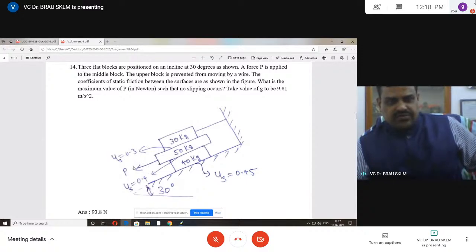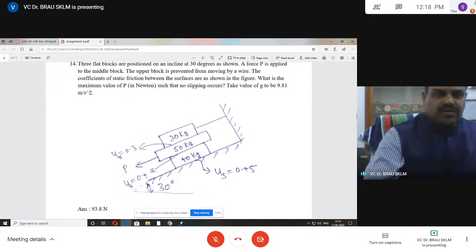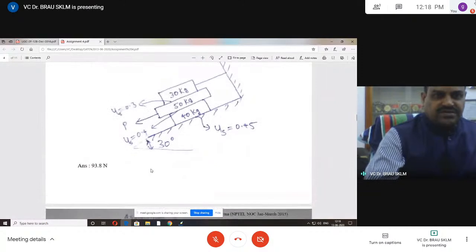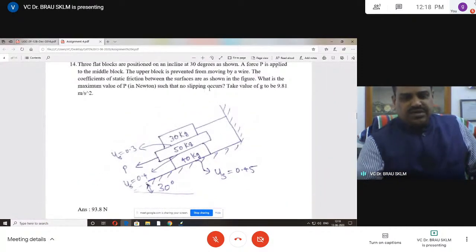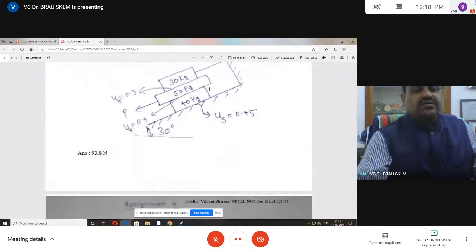I applied a force P. This one is static, that is at rest, 0.45, compared with C. Static is more than dynamic. This is static friction and these two are kinetic or dynamic, starting to move. Acceleration and the value of g are also given. If you want to consider the dynamics, acceleration is also required.